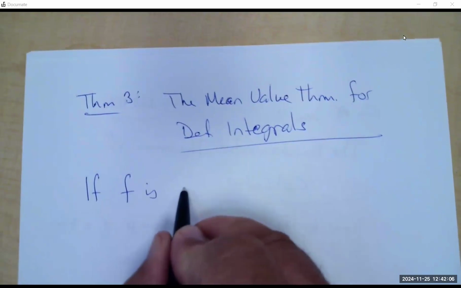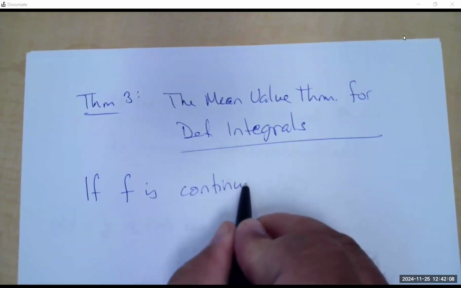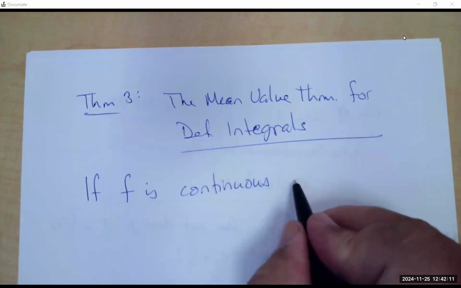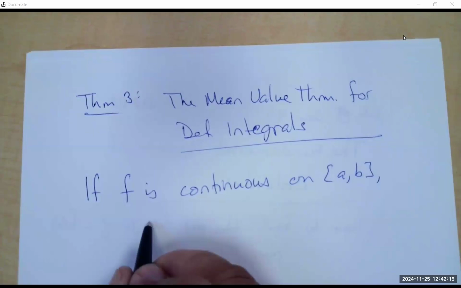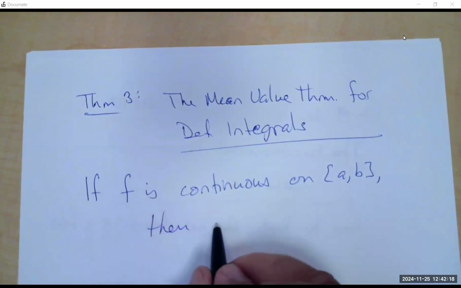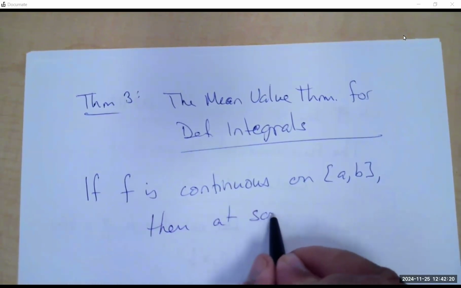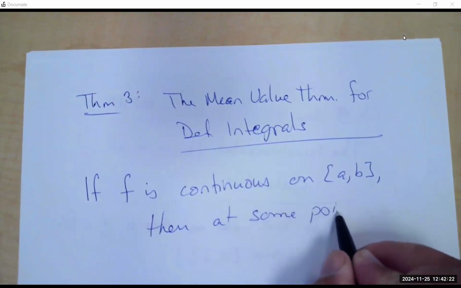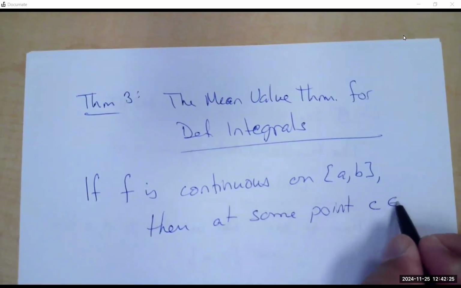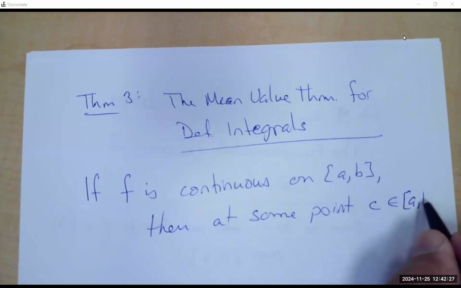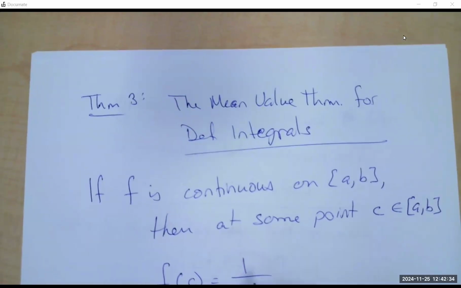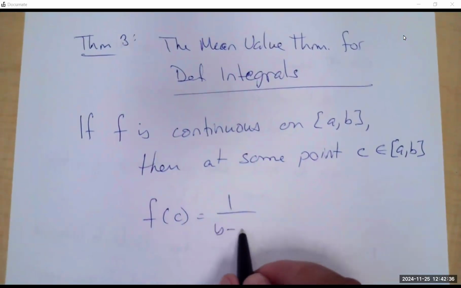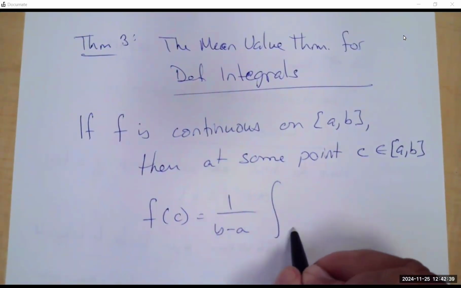If f is continuous on a closed interval AB, then at some point C in that interval AB, the value of f of C has got to equal the average value of our function.